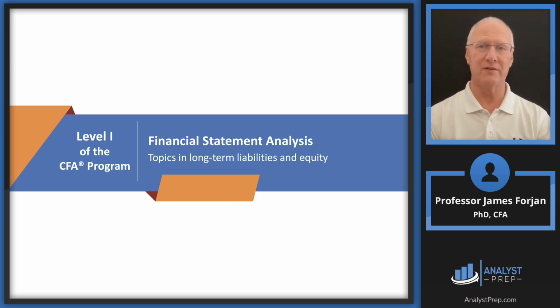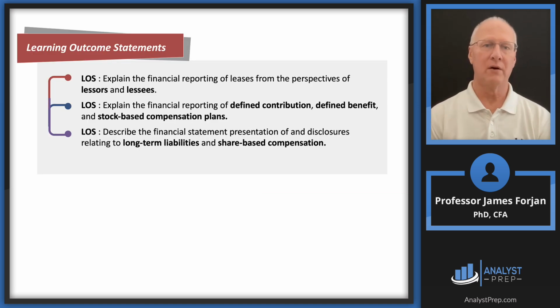But then there's a sentence that says something like, well, there are other ways for firms to have access to those assets. And one of those ways is a lease. If you look at these three learning outcome statements, the first one clearly tells us about leases. But then the next two-thirds of this learning module are focused on retirement.